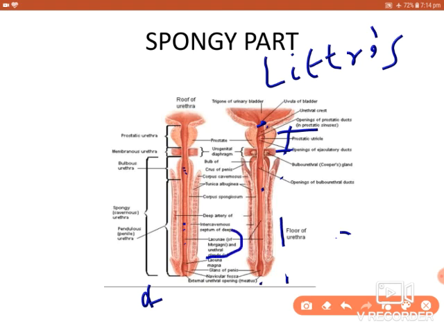Then one of those recesses is large, and you can see it in the navicular fossa, that is called the lacuna magna. The small recesses over that spongy part form the lacunae of Morgagni. The one large recess in the navicular fossa just before the external urethral orifice is the lacuna magna.